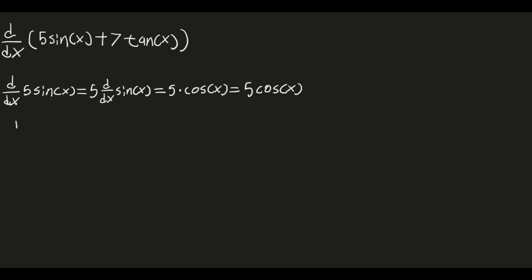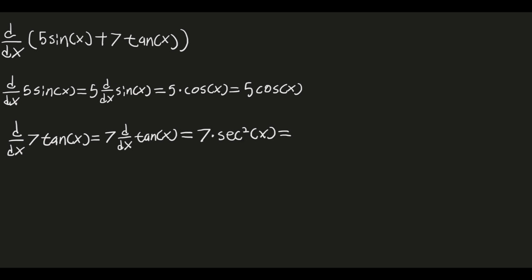Now we want to find the derivative of the second term, 7 tangent x. We could take 7 out and take the derivative of tangent x separately. And then we could write out 7 times the derivative of tangent x, which is secant squared x.